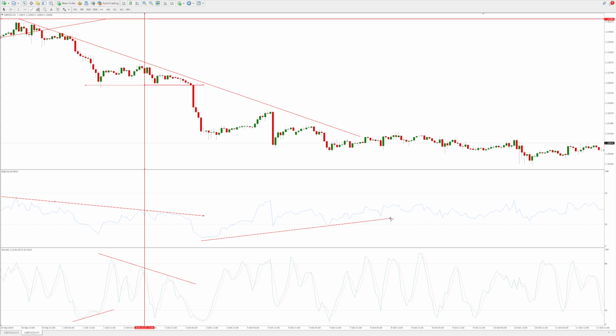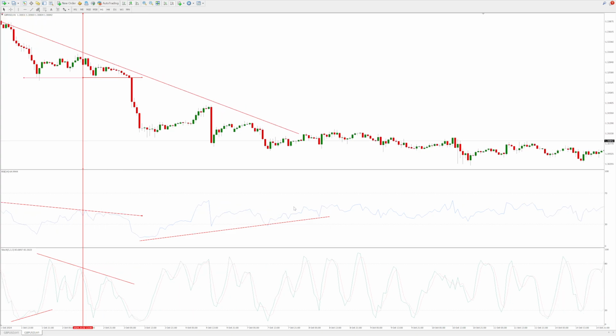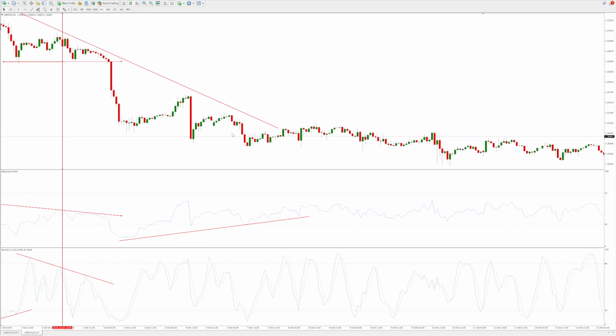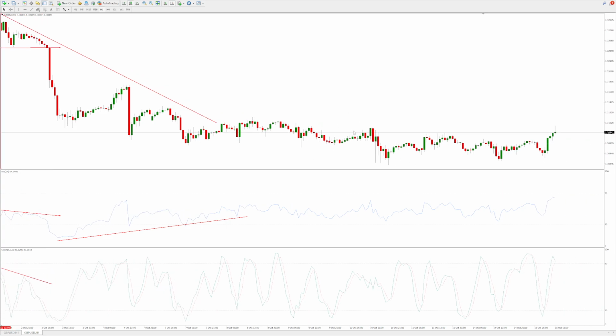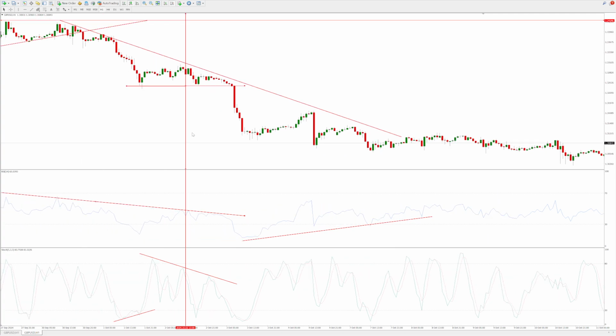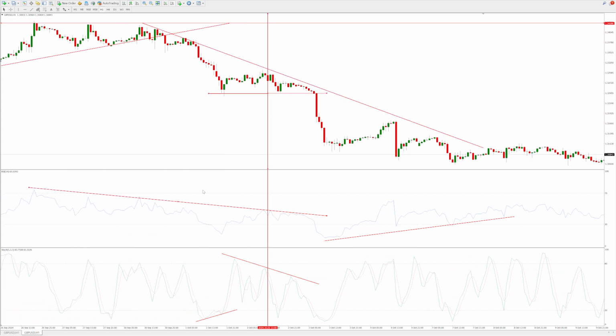start to see this bullish divergence on the RSI, you may be considering this move is coming to an end. We then go into a ranging market. So hopefully that's made it clear how you can use the RSI and the stochastic together. I mean, this is a versus video, but they can complement each other well.